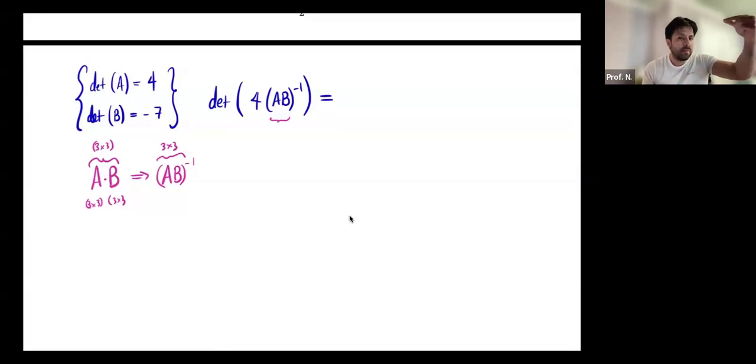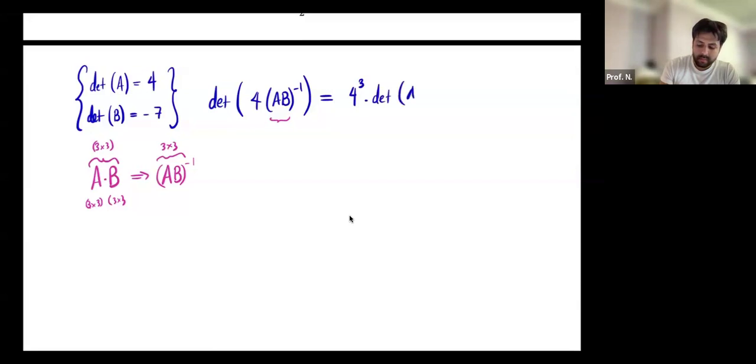The determinant is multiplied by 4. But that's if I have one row, and every row is being multiplied by 4. So I'm really multiplying the determinant by 4 times 4 times 4. Do you see that?